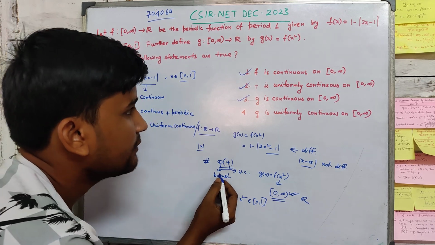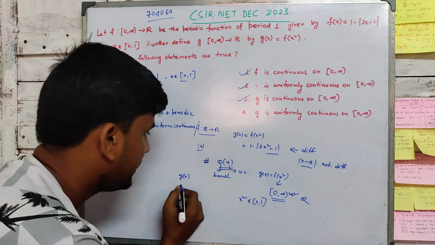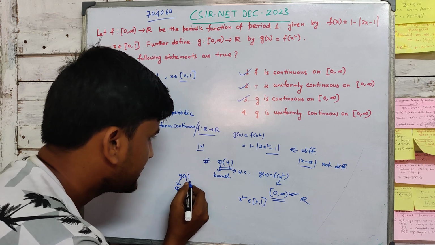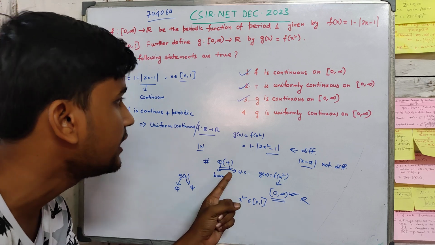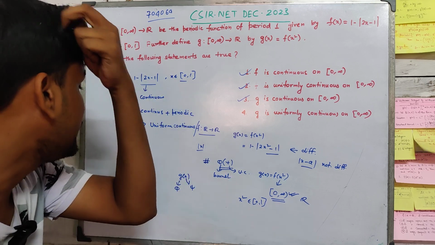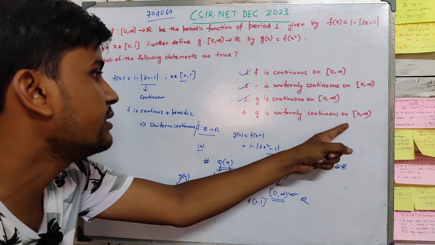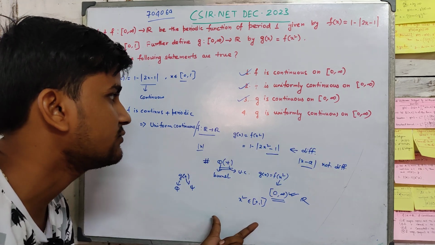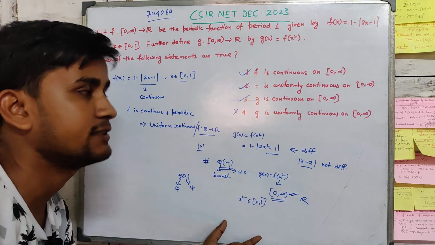Okay, it is not uniformly continuous. That means if we take phi equal to f and psi equal to x square, then psi is not uniformly continuous over the interval 0 to infinity. So this function g is not uniformly continuous. You can say it like this.